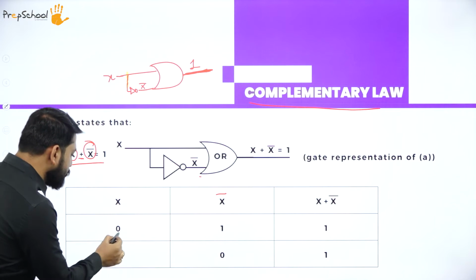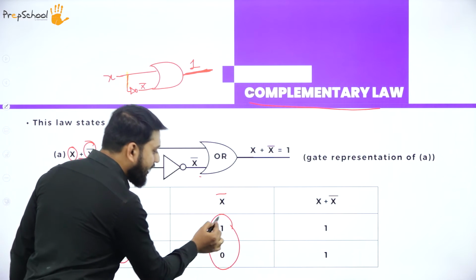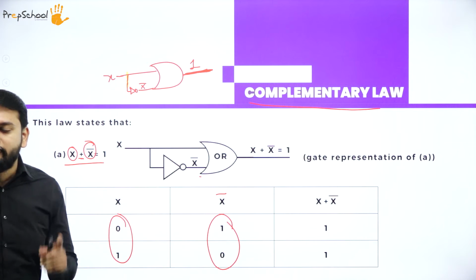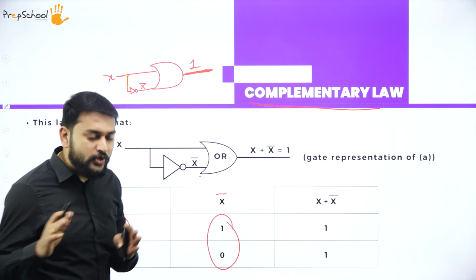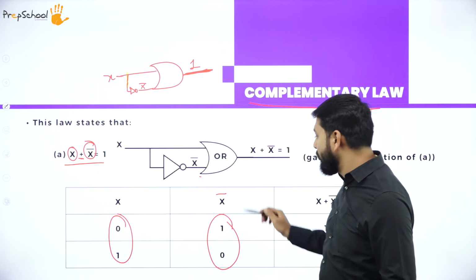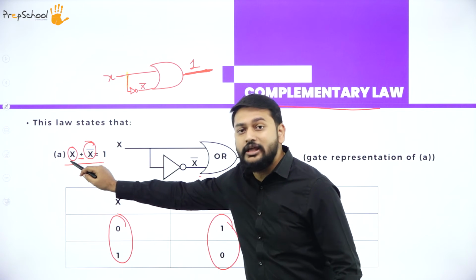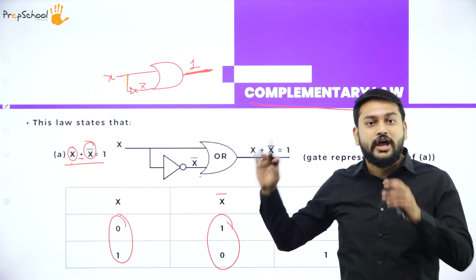Whatever values I am taking as X should be complemented on this side of the input. In the previous things, we used to take it as X, but here, purposefully, I've given it so you will make a mistake here. You have to take X and X dash as the input.